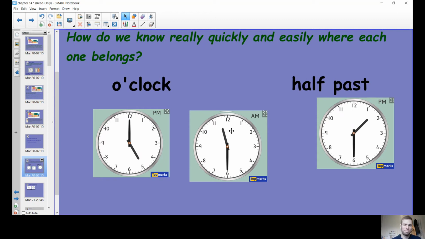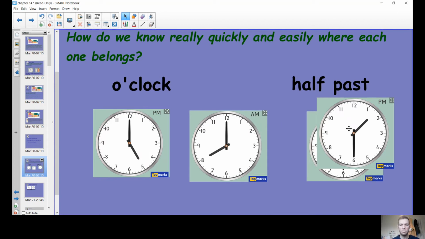Next one. Oh, we've got another half past because I've looked at my minute and I've looked at my hour. It's in the middle, it's halfway. This is halfway around. So it's half past. And if my hour hand keeps going this way, it would have gone past the 11. Half past 11.